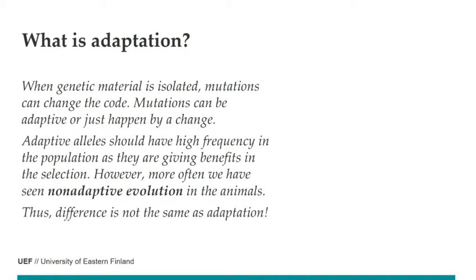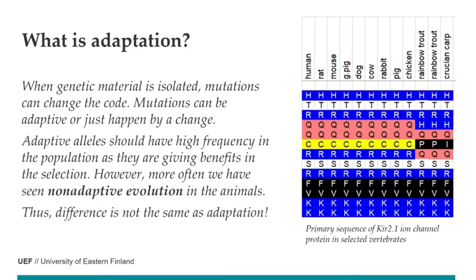So all the differences, whether the animal just looks different or the genetic code is different, are not necessarily adaptation. Well, I'll give you an example. Some time ago, I was comparing genetic differences in one ion channel protein across different organisms.